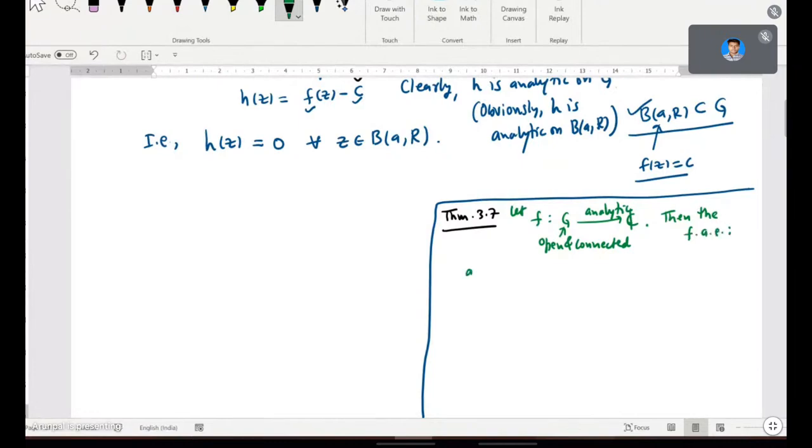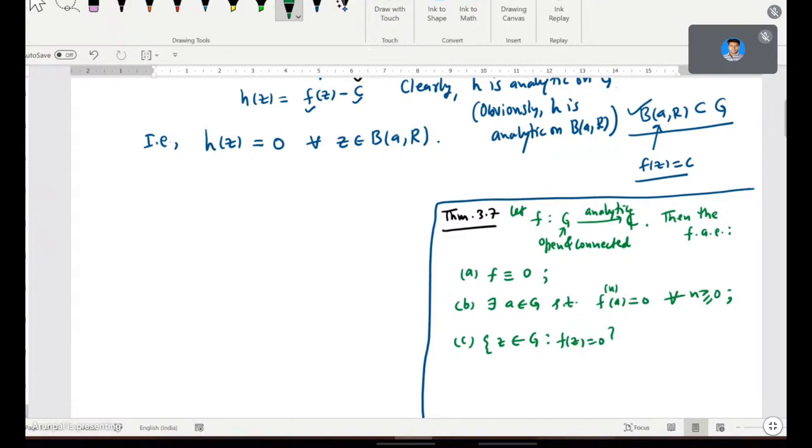The first condition was that f is identically equal to 0. The second condition was that there exists a point a in G such that the nth derivative of f at a is equal to 0 for all n greater than or equal to 0. And the third, the set Z, the collection of all those points in G at which the function f vanishes, has a limit point in G. Do you remember this result, class?